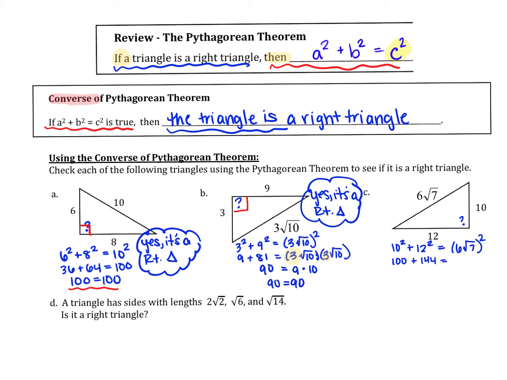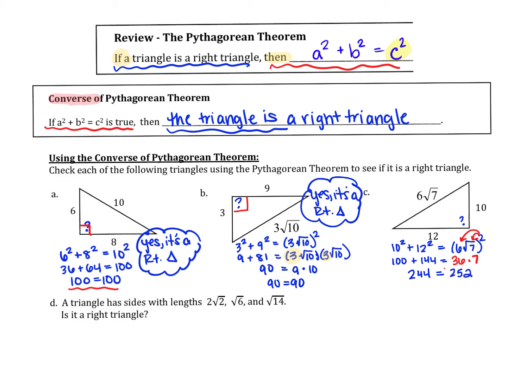For 6 root 7 squared, we do 6 squared, which is 36, and then root 7 squared. Root 7 times root 7 is just 7. Then 100 plus 144 is 244, and 36 times 7 is 252.